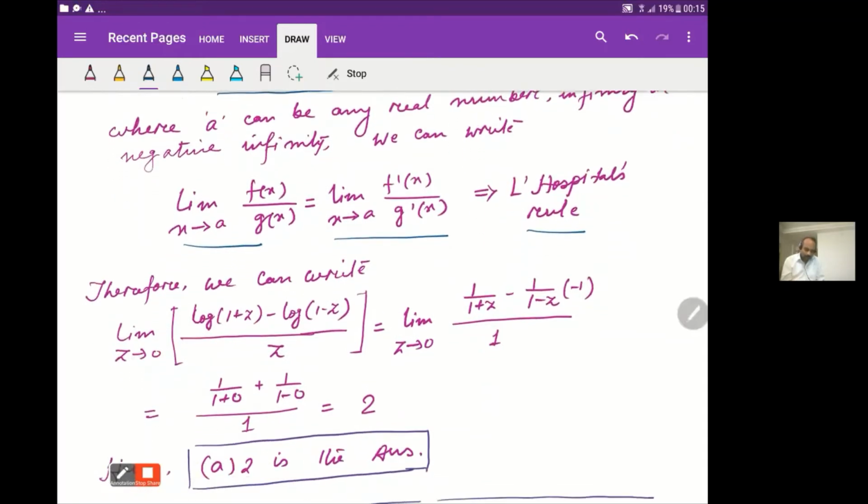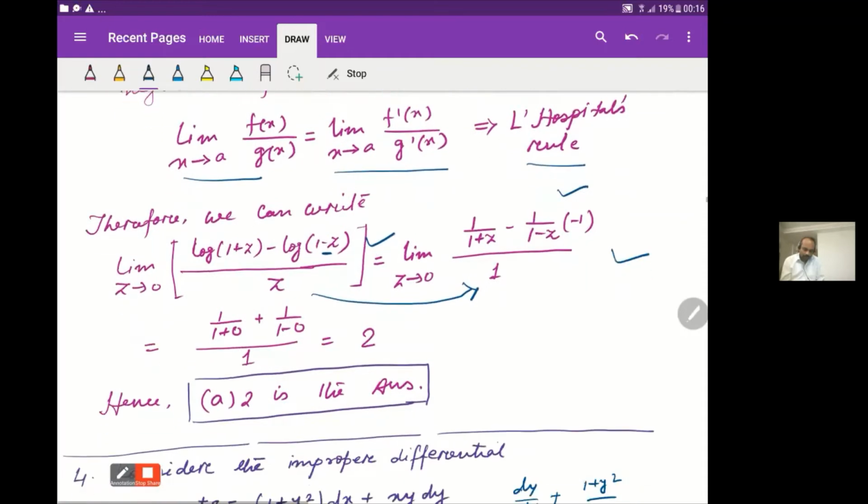So we have limit z tends to 0 log 1 plus z minus log 1 minus z divided by z. That is equal to limit z tends to 0. Applying L'Hospital's rule, derivative of log 1 plus z is 1 by 1 plus z, and derivative of log 1 minus z is 1 by 1 minus z times minus 1, because there is a minus with this z, and derivative of z is 1.